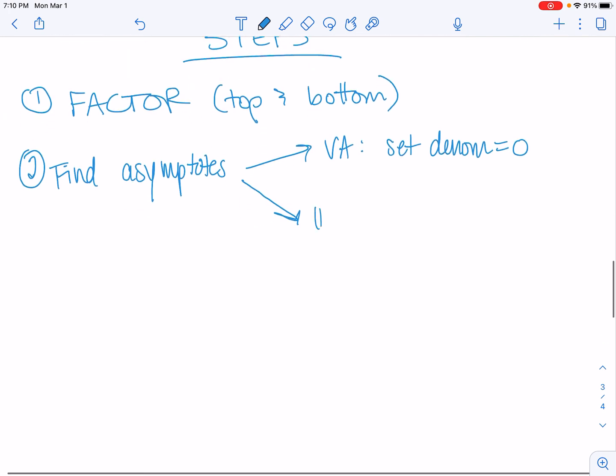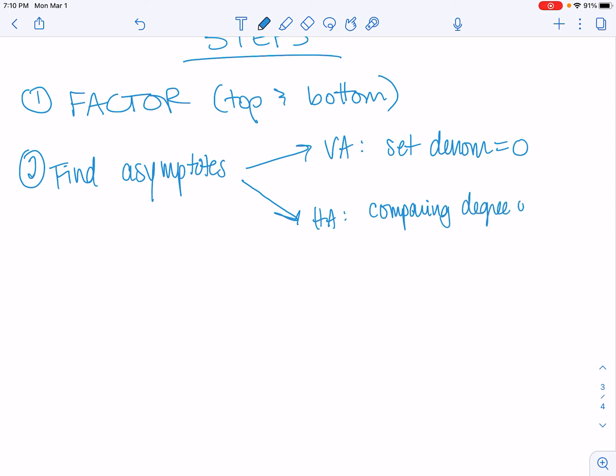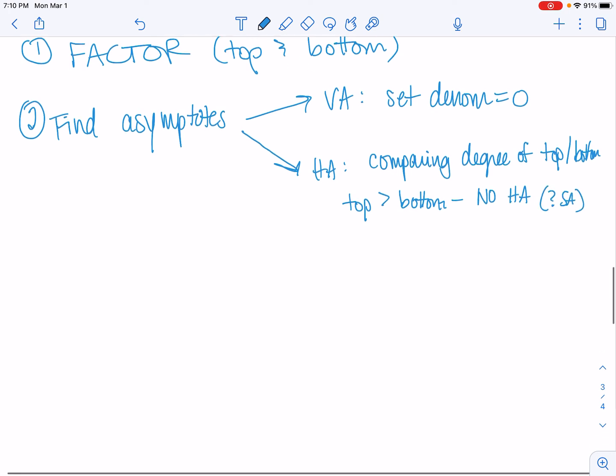You also have your horizontal asymptotes where you're comparing the degree of top and bottom. And then three things could happen. If the top is bigger than the bottom, you have no HA, maybe a slant asymptote. We'll talk about that tomorrow.